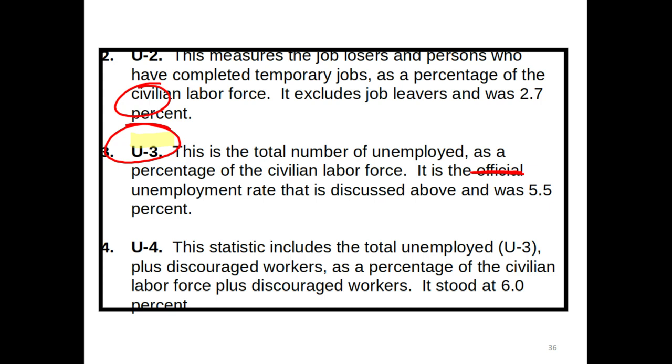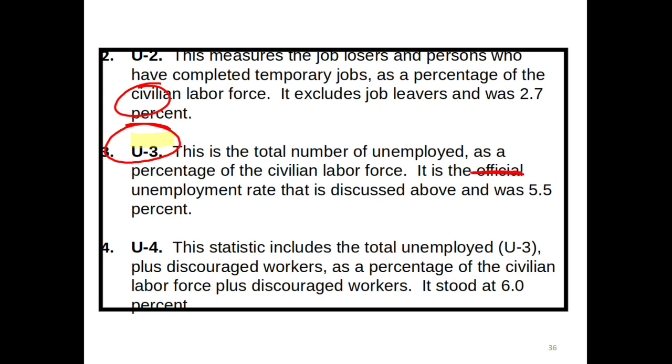The U2, this measures job losers and people who have completed temporary jobs. This does not include the people that choose to leave their jobs. U3, that's our official unemployment rate. Right now, 3.5%. The U4 includes U3 plus discouraged workers.